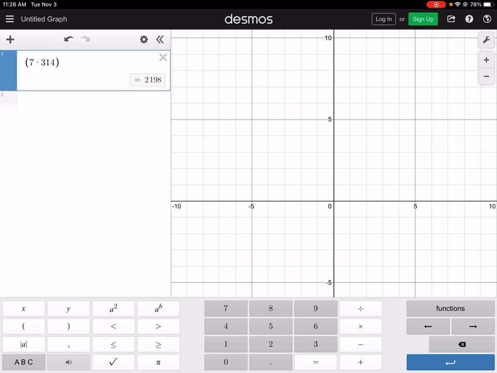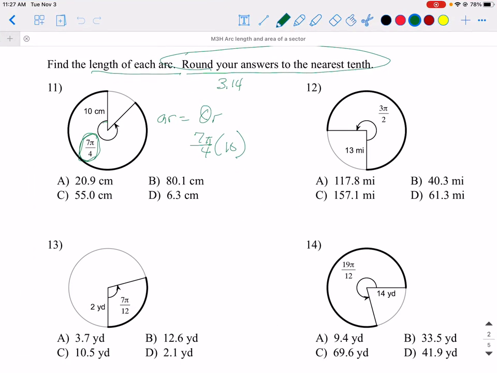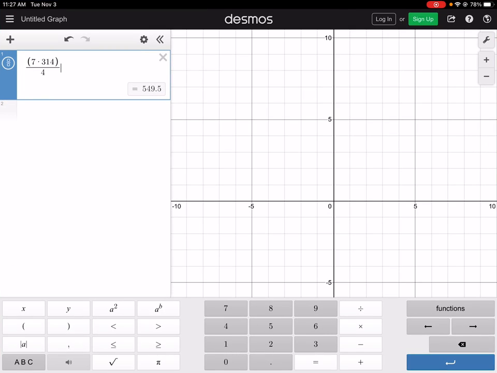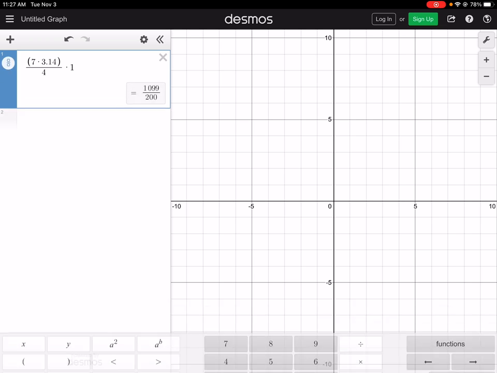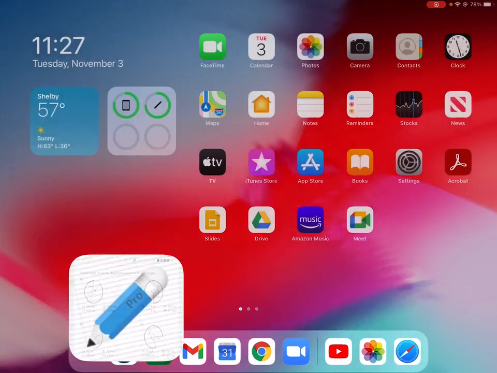I think it's times 10, I don't remember, because I have a short memory and I'm a grandma. So 7/4 times 10. So 7 times 3.14, put a decimal in there, and that is times 10. Let me see what we've got. Rounded to the nearest tenth, I should get 5.5 as an answer choice.